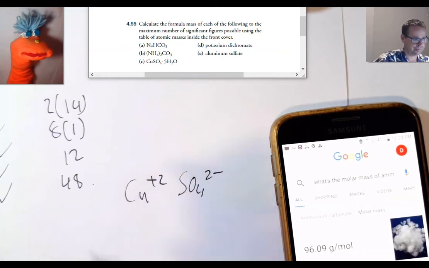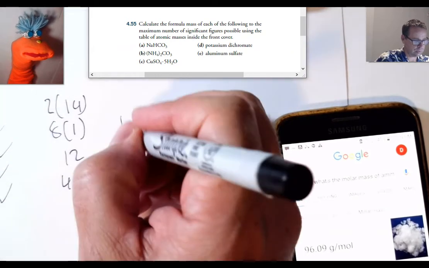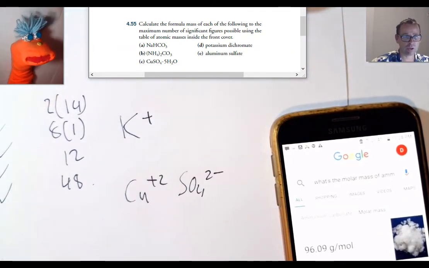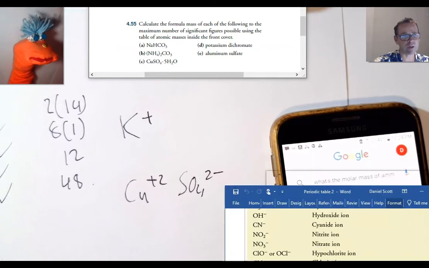Potassium is K. Okay, good. That's the potassium ion, right? Oh, yeah, good. Dichromate, that's on our polyatomic ion chart, right? Yep. So let me bring that up for you. Oh, I see it here. It's Cr2O7. Yeah, very good.